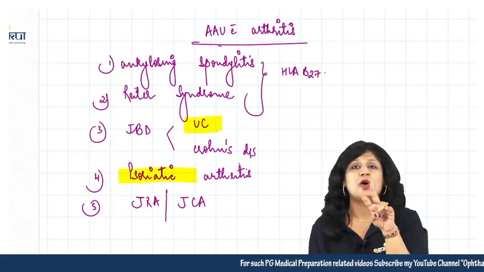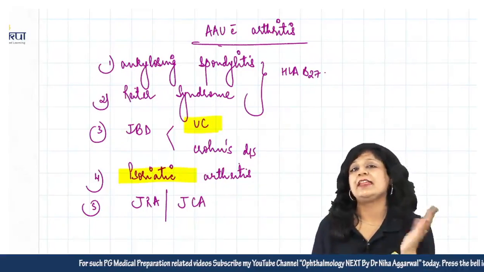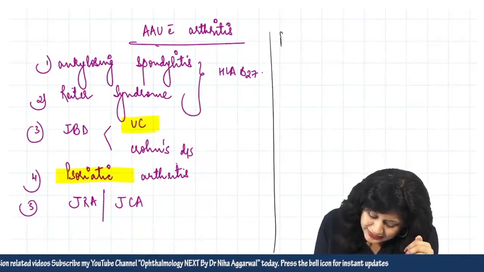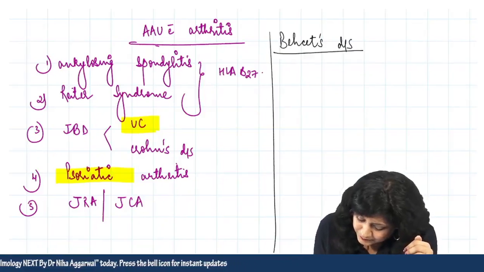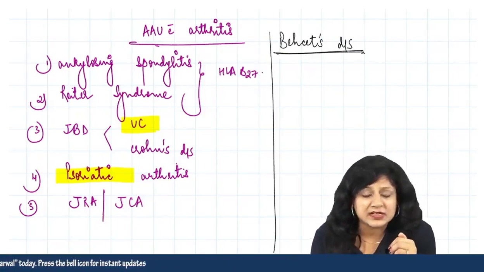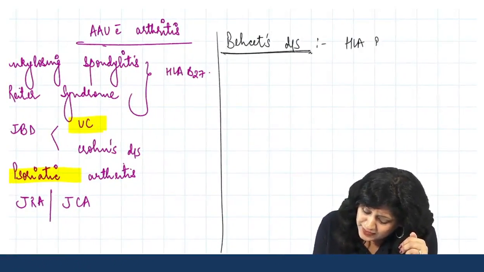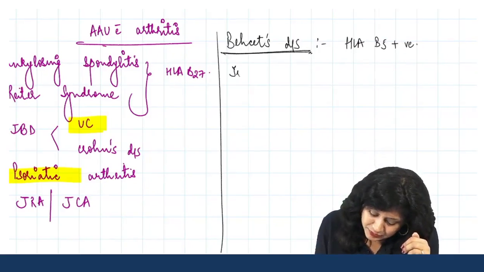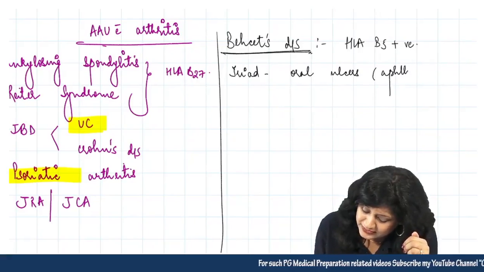So these two are ruled out because you are definitely getting iridocyclitis here. Now, one of the options they have given is Behçet's disease. This is not associated with arthritis, but we know that it has an HLA B5 association, and it is characterized by a triad. So basically we get ulcers here. Oral ulcers are there, which are called aphthous ulcers.